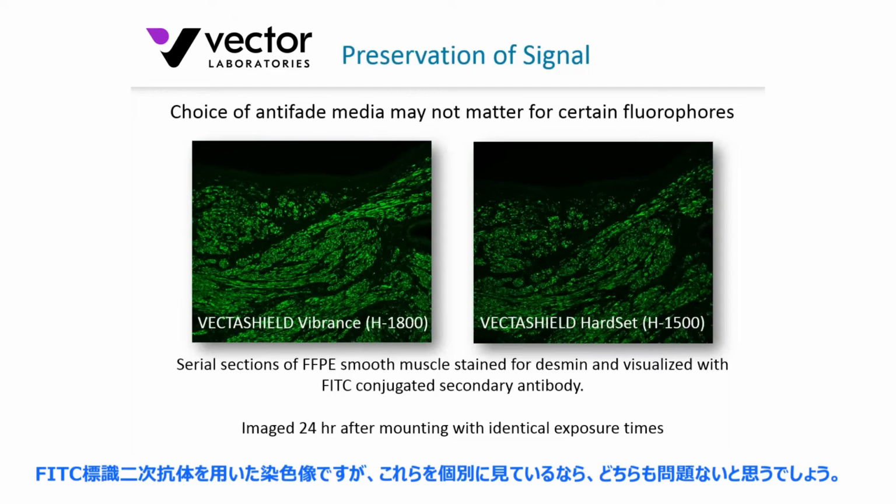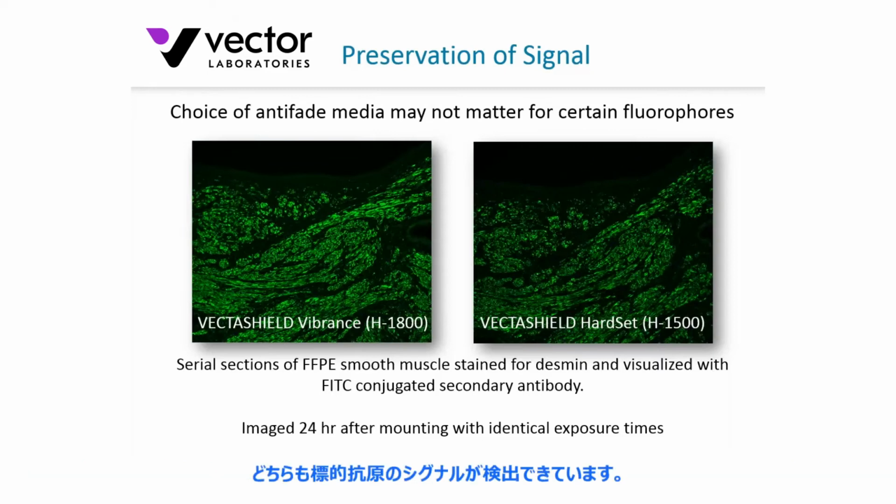And if you were looking at both of these individually, without the other being side by side, you'd say, you know what? Those signals are pretty good. Yes, Desmin is there. It looks appropriate to me. Put them together, maybe the VECTASHIELD Vibrance is a little more intense, but quite frankly, you might see on a different section the Hard Set being a little more prominent.